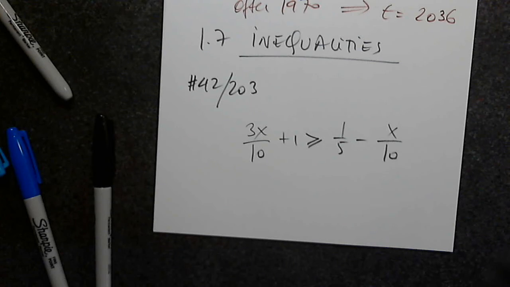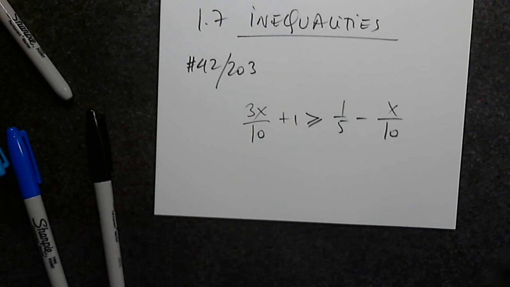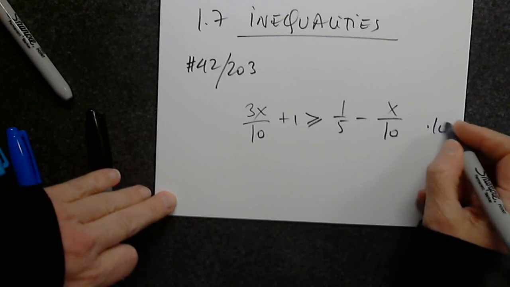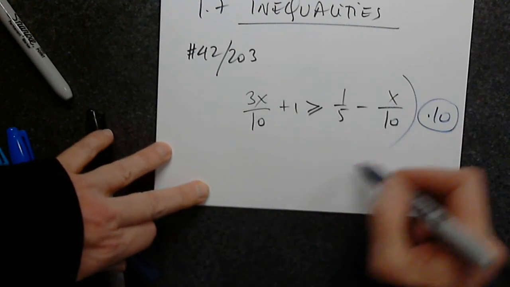Of course, we are going to get rid of all fractions at once, as we did before, multiplying both sides by the least common denominator. So please remember, we multiply everything.